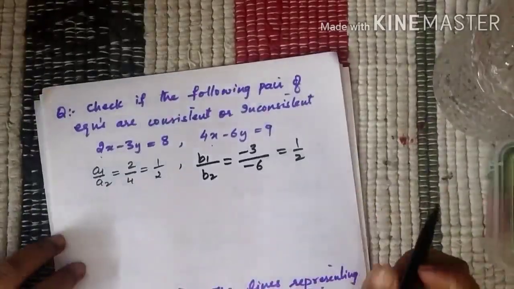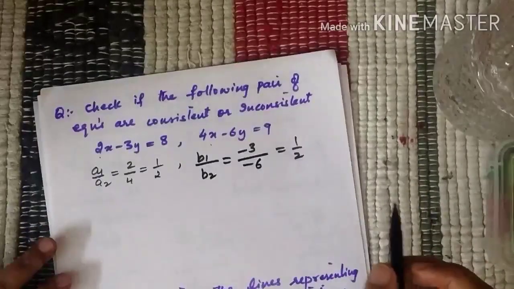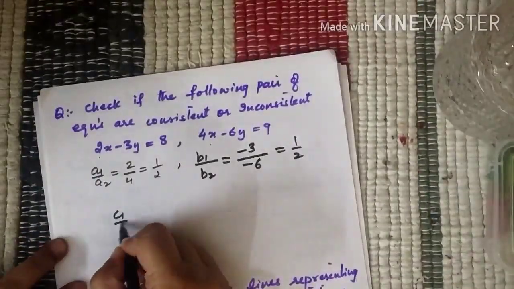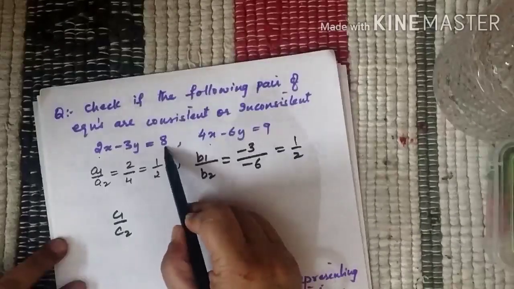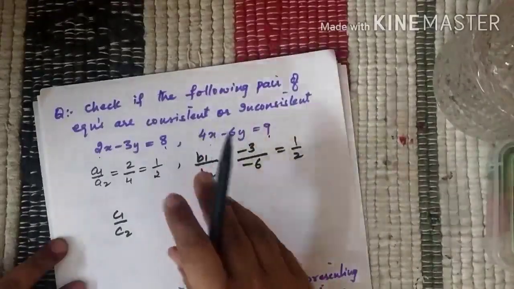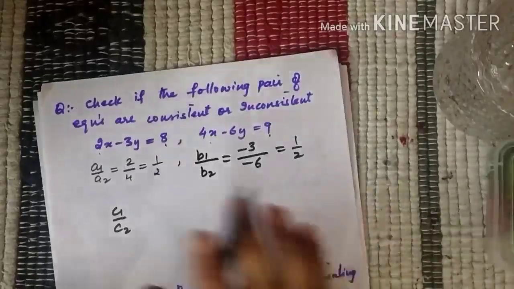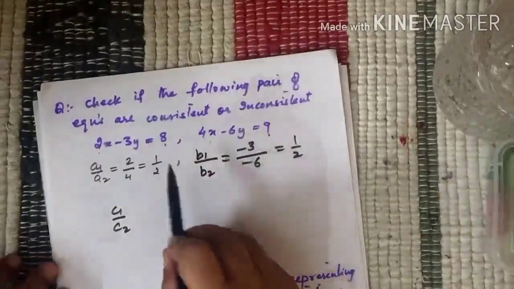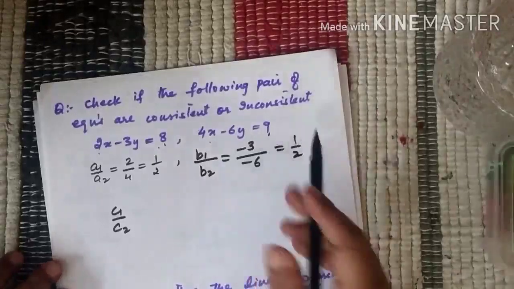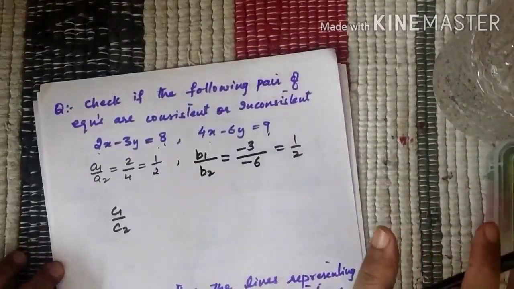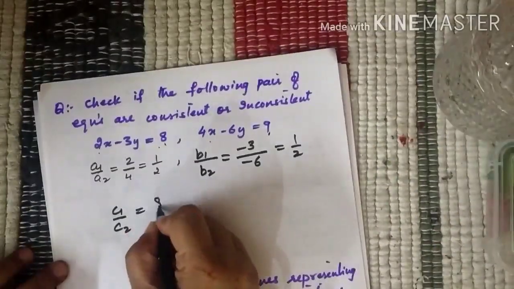Now, the important thing is that when you are finding the ratio of constants, you need to make sure that the constant term in both the equations is on the right side. Otherwise, normally we prefer to bring the equations in the standard form. But if in both equations the constant term is on the right hand side, then you need not bother about the signs. Then I can directly take it.